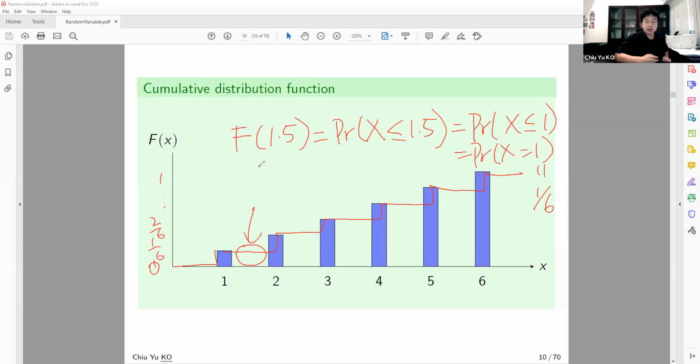But this is technically a step function, and this is usually what you get when you have a software package. When you draw it, they will give you this kind of style. It doesn't really matter for our application, but just to let you know that you can also take the value in between. But as Choi Lam said, technically it will not be 1.5. Is that okay? I hope that is all right.